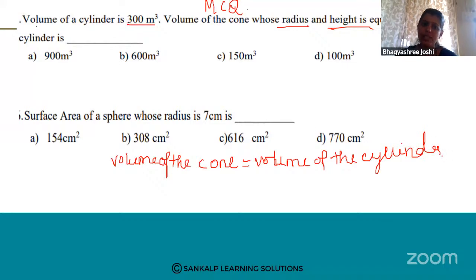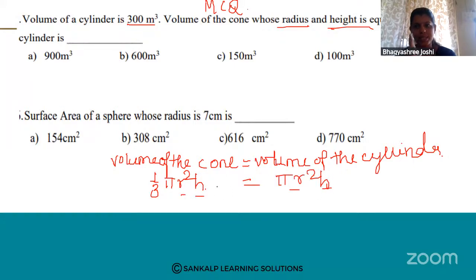See, the volume of the cylinder they have given, that is 300 meter cube. Volume of the cone is 1 by 3 pi r square h, right? Here the volume of the cylinder is pi r square h. R and h of the cone and cylinder are the same, right? So pi r square h is the volume of the cylinder, which they have given, that is 300 meter cube.